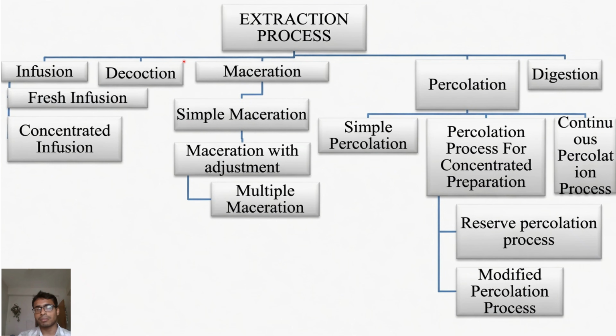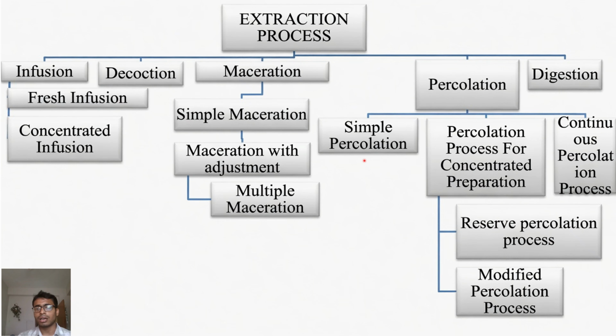However, there are a number of extraction processes like infusion, decoction, maceration, percolation, and digestion. All of them have been discussed in your previous course, like pharmacognosy. Infusion can be done by fresh infusion or concentrated infusion. Maceration can be simple maceration, maceration with adjustment, or multiple maceration.